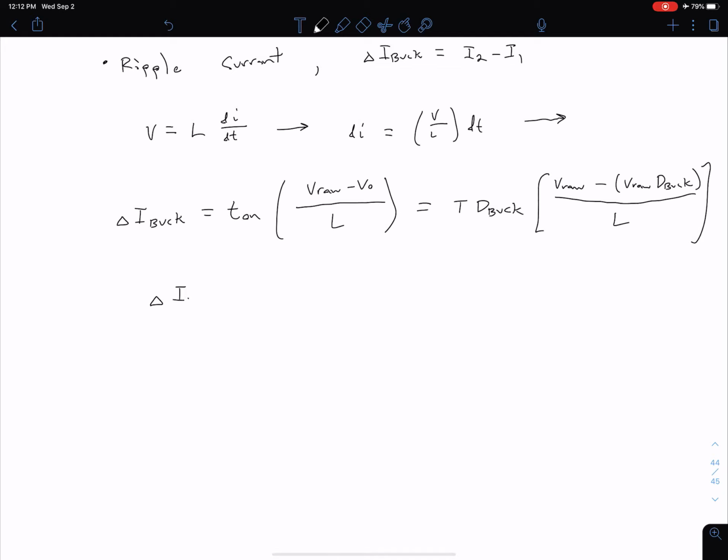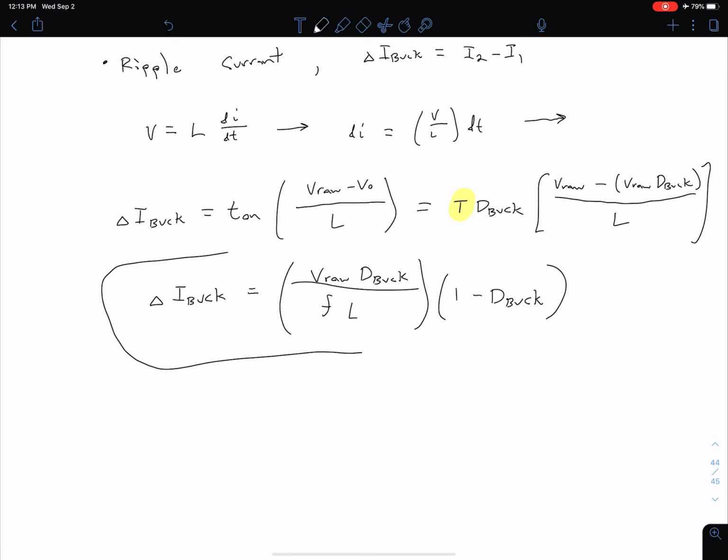Then rearranging some of those terms, we can simplify this and say that our delta I buck, which is our ripple current, is equal to V raw times d buck divided by frequency, our switching frequency, which basically comes from 1 over T here, times the inductance, and then all of that is multiplied by 1 minus d buck.